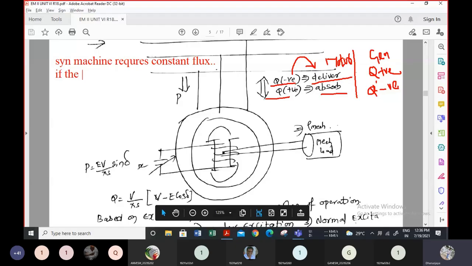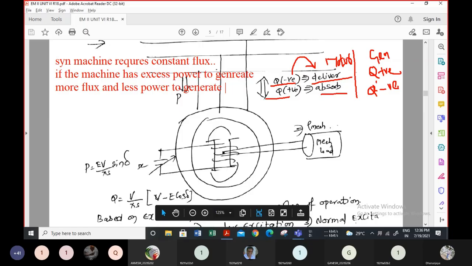If the machine has excess power to generate more flux, and less power to generate less amount of flux, then directly I'm writing that Q helps in maintaining constant flux.